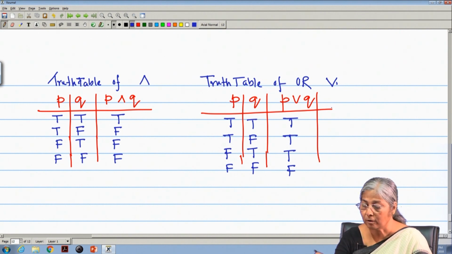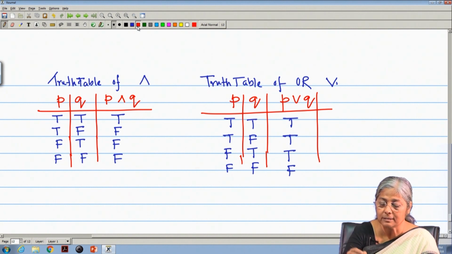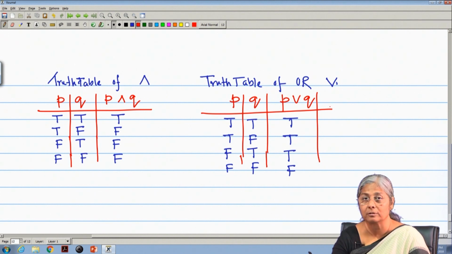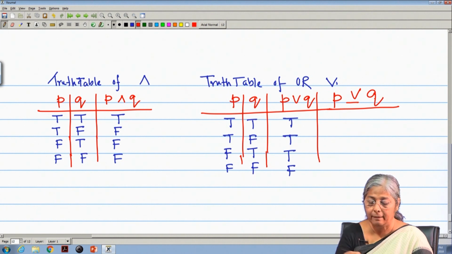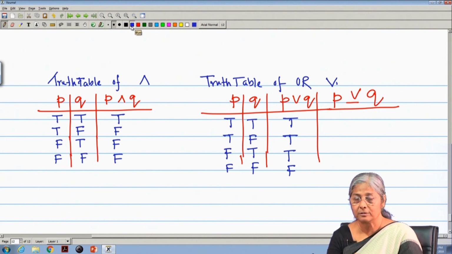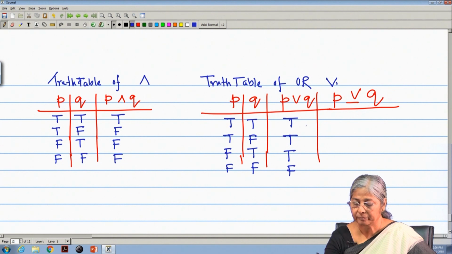Now, there is something called exclusive OR, which we normally denote by this sign. We can write: if both are true, then it is false.